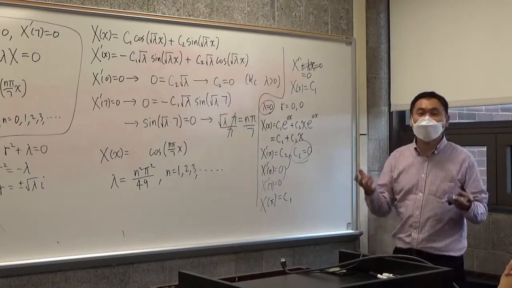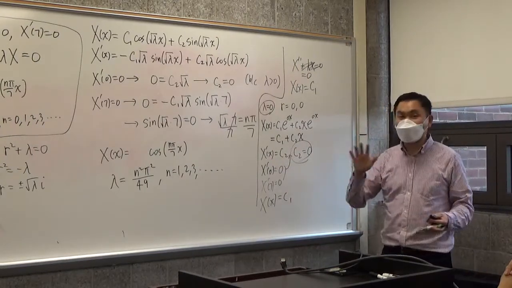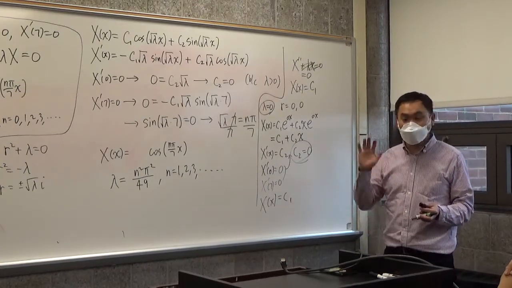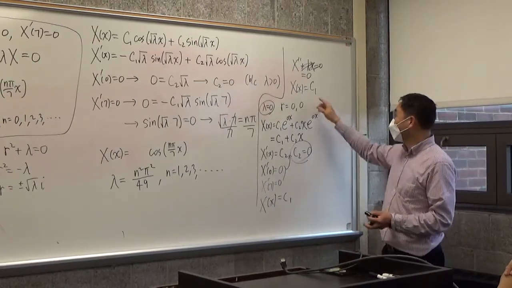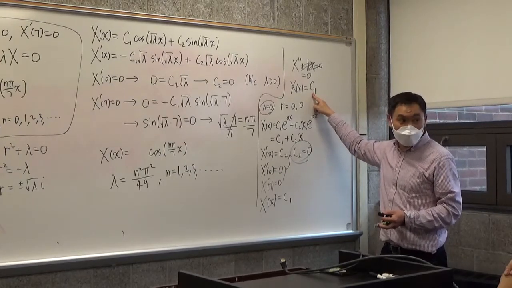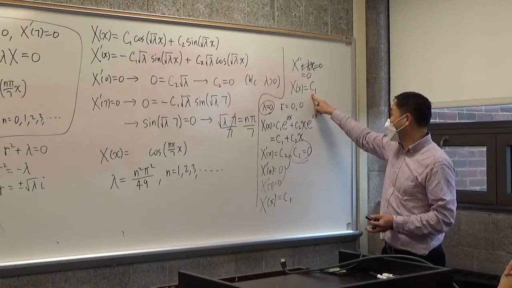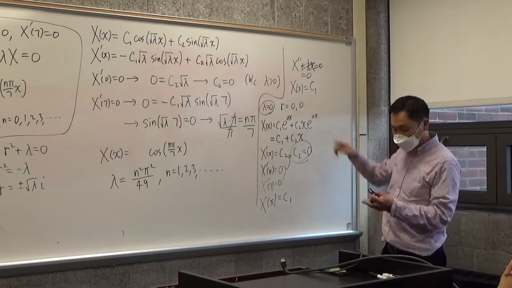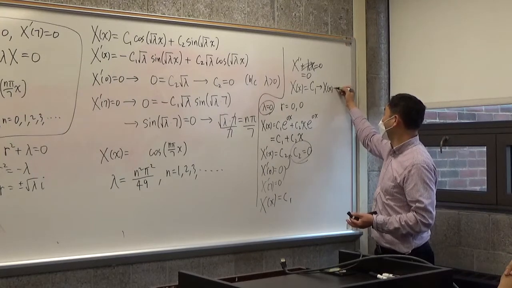The word trivial means very easy, so it kind of seems easy, but in the math definition, in this context, we will only say a solution is trivial if it's completely 0, okay? So if this is anything other than 0, this is a non-trivial solution. So we're going to write down the solution as any non-zero number, and among them the simplest one is 1, right? So I'll just choose the one eigenfunction as 1.